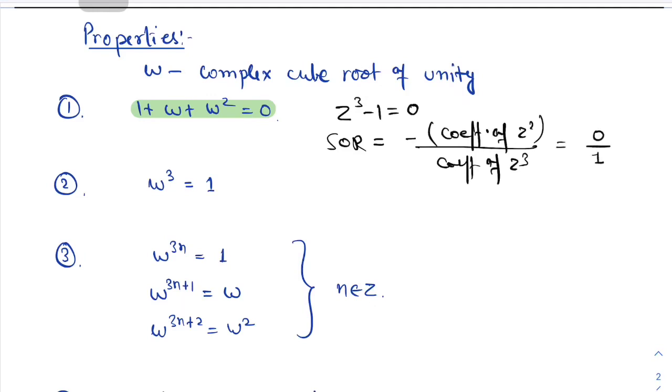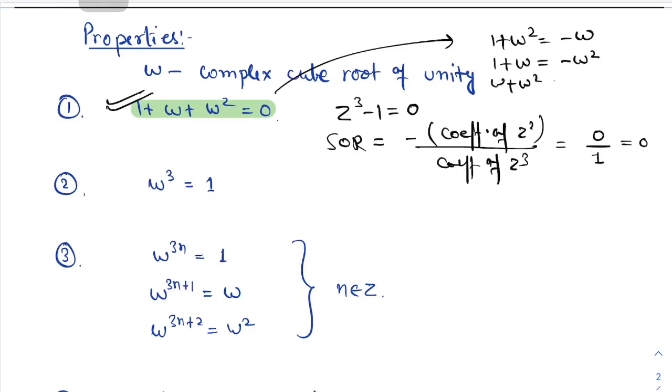Whatever may be the coefficient of z cube, we are going to get 0 only. Okay, so this is a very important property, that is 1 plus omega plus omega square is equal to 0. So by using this property, you can write 1 plus omega square as minus omega, or 1 plus omega as minus omega square, or omega plus omega square is equal to minus 1.